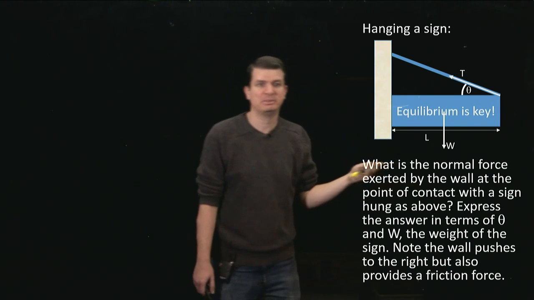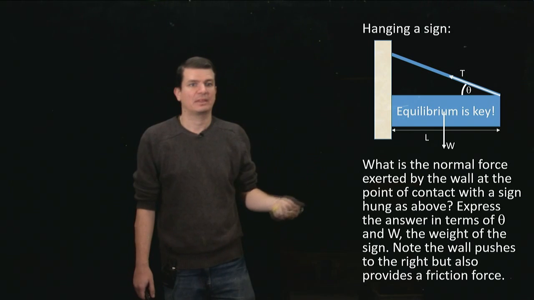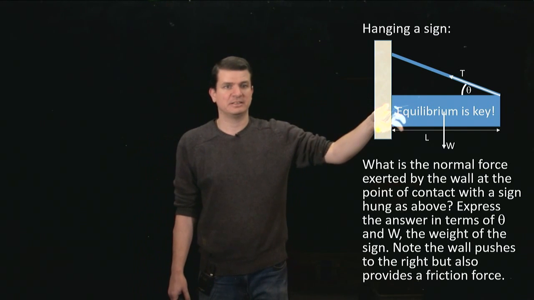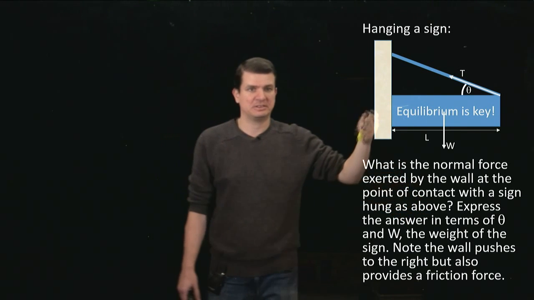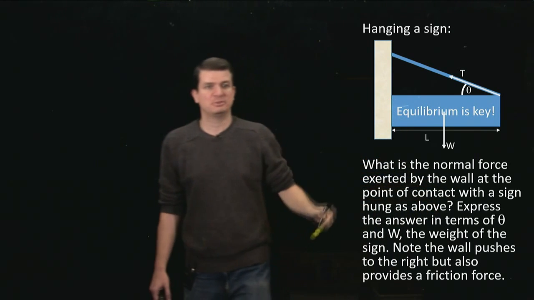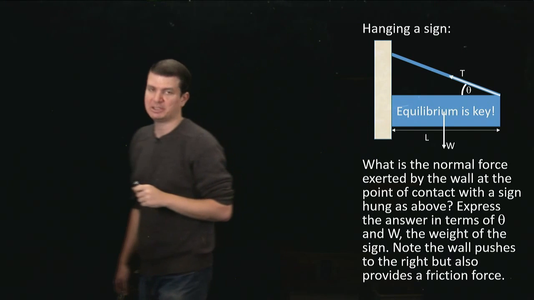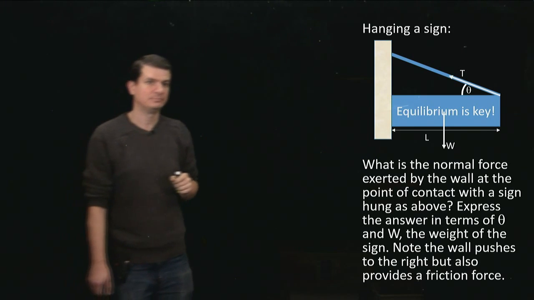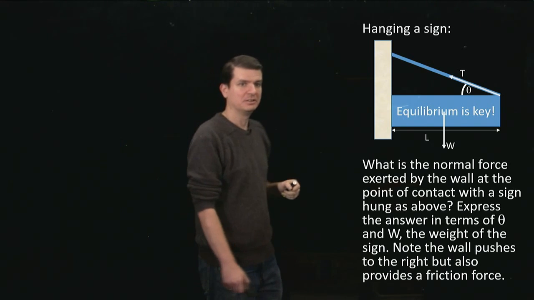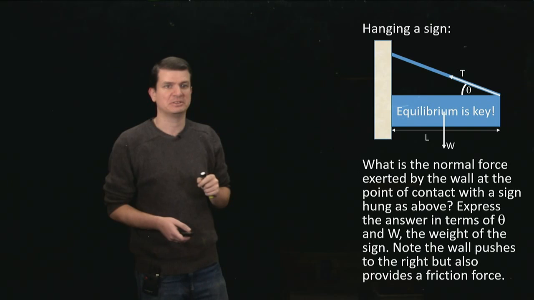Which way would it spin? Well, the only thing it can do is that this thing would rotate down and out this way. The sign would fall out from this side, which means that this upper corner is the last bit that's going to be in contact with the wall. So given that, we'll go ahead and put our normal force and friction force acting at those points.